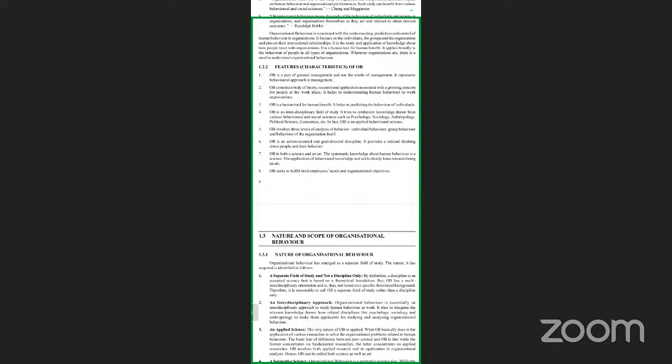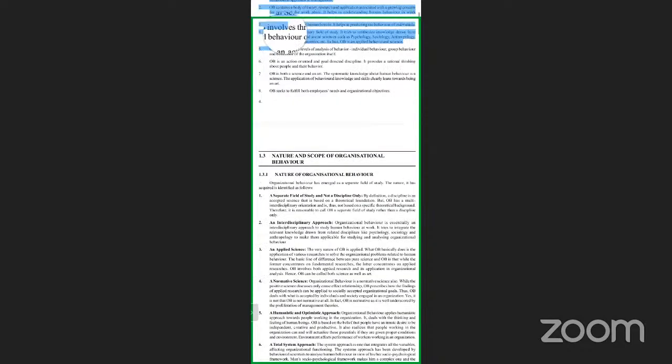This understanding of theory, research, and application will enable a management to understand how a human can behave in a given situation in an organization. Based upon that understanding, they can have a plan of action for how they want the organization goals to be attained.